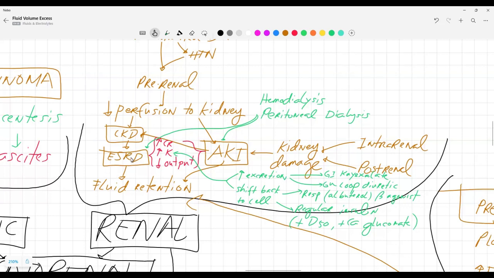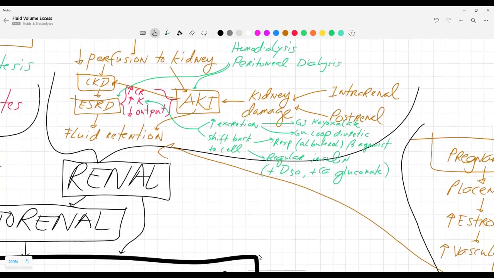And ESRD, which is permanent, end-stage renal disease, and again, this is a GFR of 15 mLs per minute or less, then this patient's going to need regular hemodialysis or peritoneal dialysis for the rest of their lives until either a new kidney is found and they can have a renal transplant, or unfortunately they pass away.